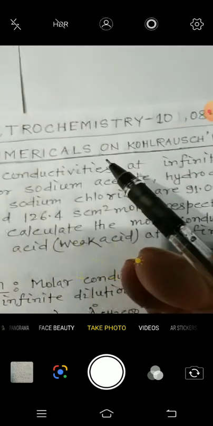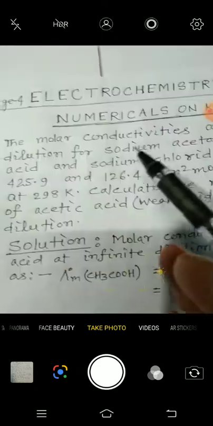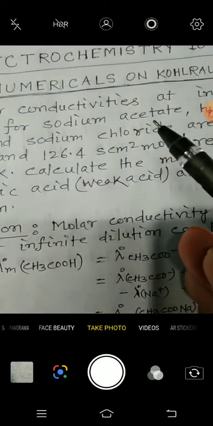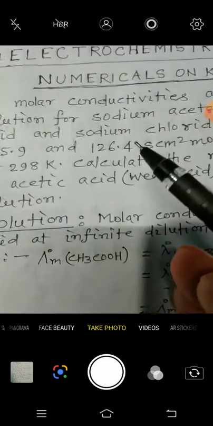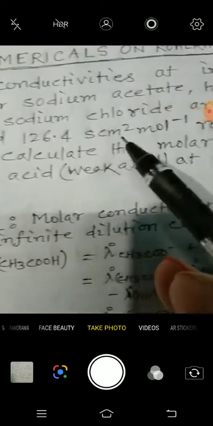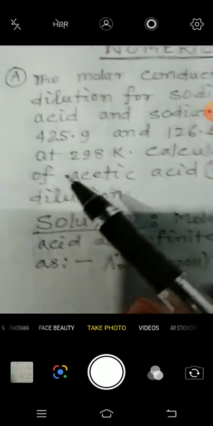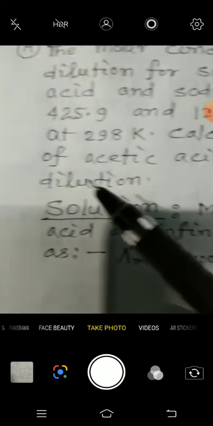I repeated this thing. Now the numericals on Kohlrausch law. See here the first numerical: the molar conductivities at infinite dilution for sodium acetate, hydrochloric acid and sodium chloride are given, meaning the molar conductance of these electrolytes has been given respectively, and calculate the molar conductivity of acetic acid, a weak acid, at infinite dilution.